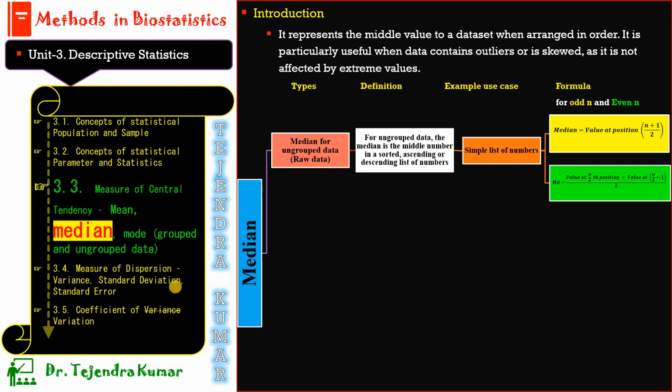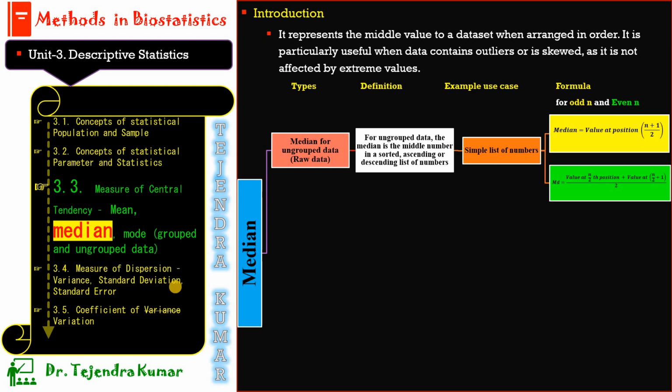Median is equal to the value at position (n plus 1) divided by 2. This is for odd n. So let's take an example, like there are 5 values. So these are odd values. In this case, we will say 5 plus 1 divided by 2, means 6 by 2 is equal to 3, means we will take the third value.